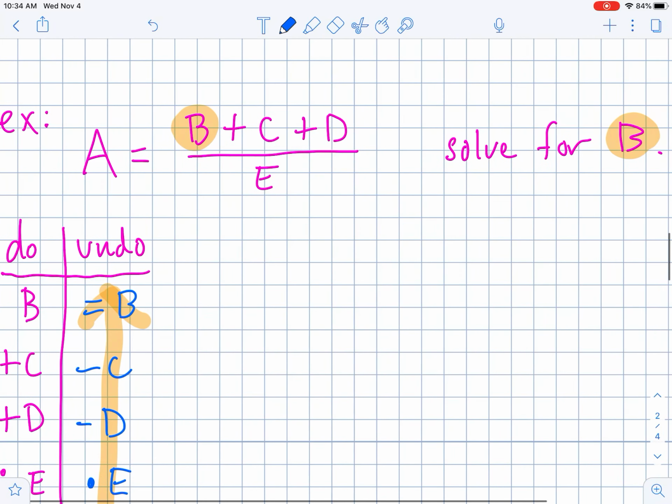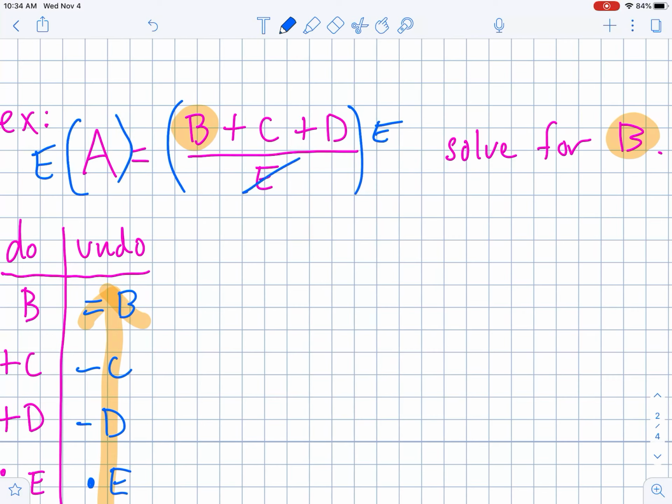So, you guys, up here in this equation, if you want to get rid of a divide by e, you just need to multiply both sides by e.